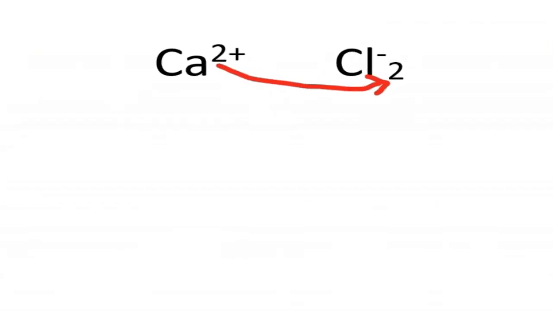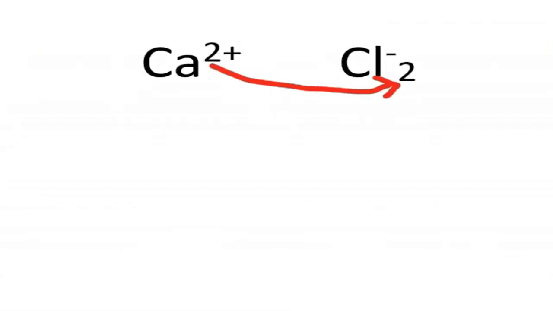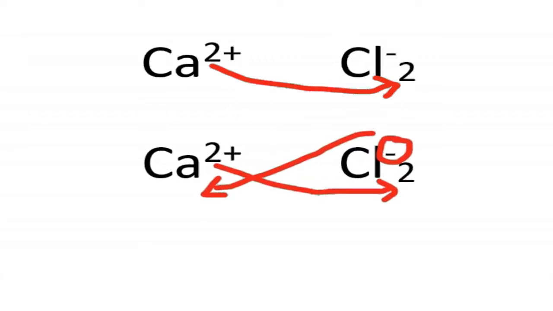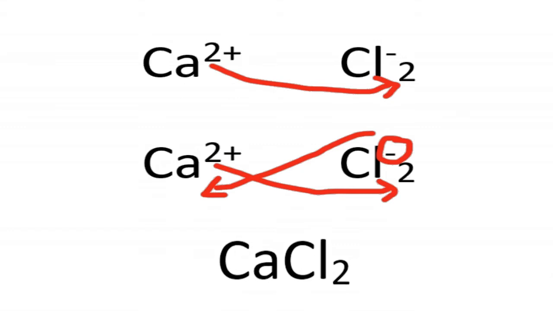We just write the number, but we don't need the charges here. So let's get rid of those. And we don't usually write 1 minus. So the chemical formula of calcium chloride is CaCl2.